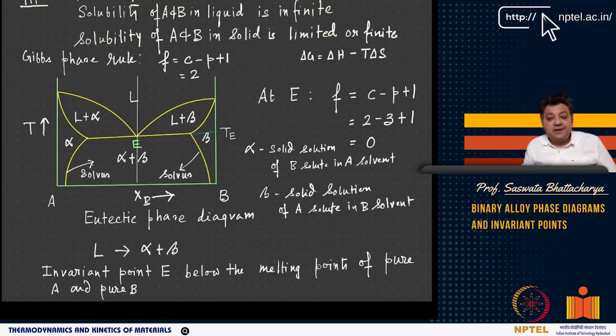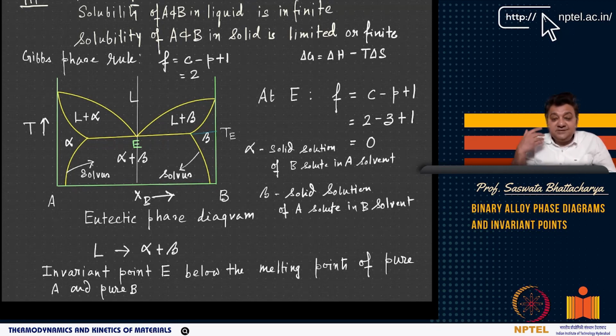The liquid will solidify, and the cast structure will contain a mixture of alpha and beta arranged in the form of lamellae or rods or whatsoever, right? The microstructure that you typically obtain is called a eutectic microstructure, which is a mixture of these alpha and beta phases.